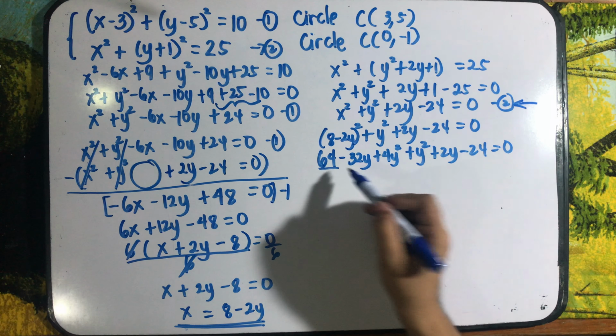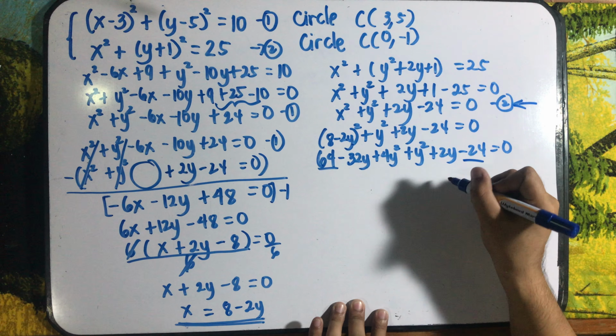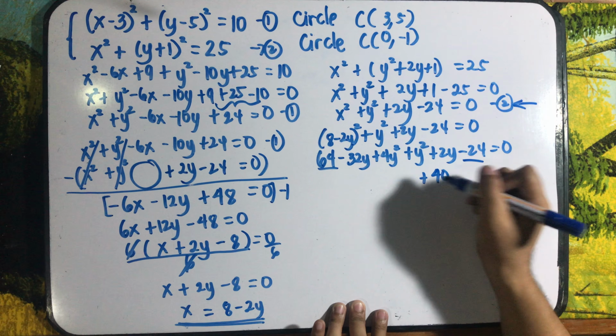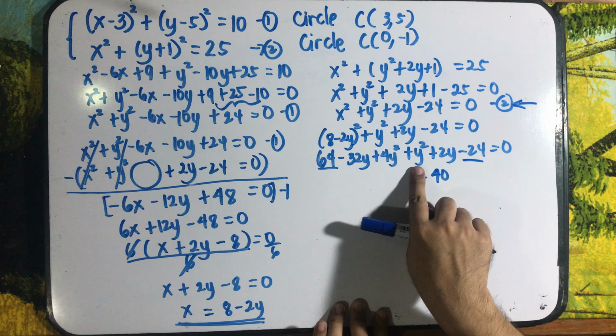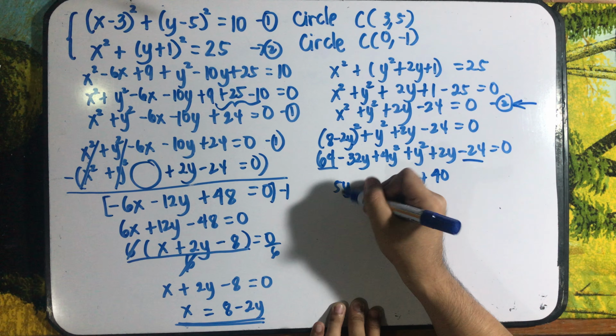Since this is 64 and this is negative 24, we'll be having positive 40 on that side. This is 4y squared, this is y squared. Therefore, this becomes 5y squared.